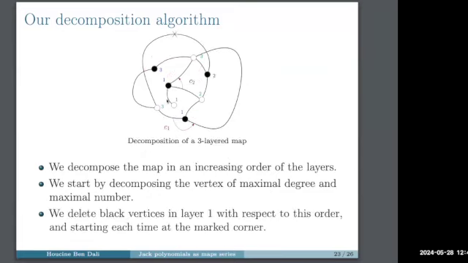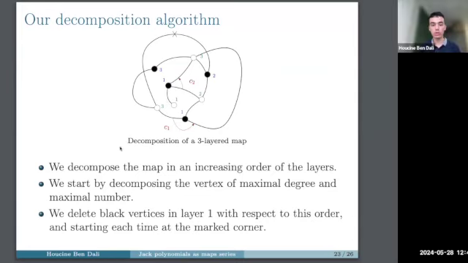So in this definition, I think that there are two important things that we are decomposing in this total order on edges. We start always with layer 1 and then layer 2 and so on. And the other important property is that even within the same layer, we are not decomposing the edges randomly. So we have this structure that we are turning around black vertices. What is not very important in this second point is that we are deleting them, starting each time by the vertex of maximal degree.